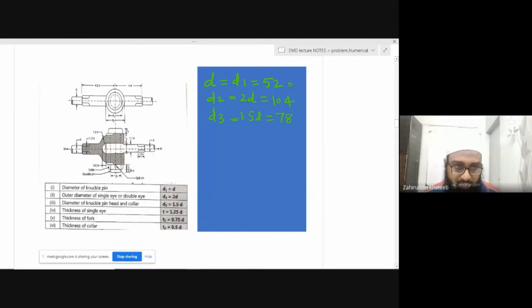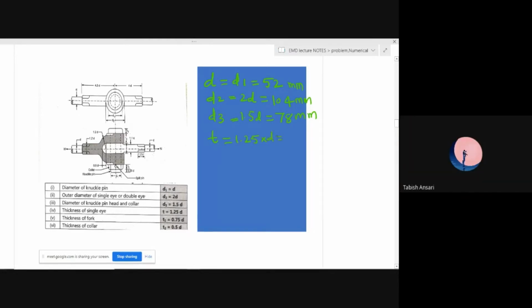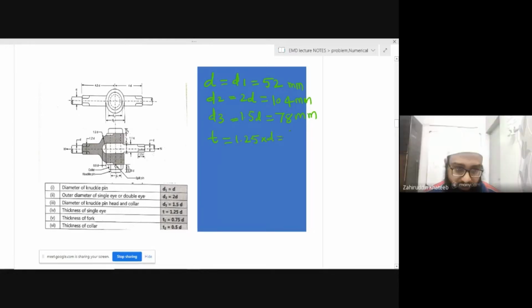All are in mm. Then t is equal to 1.25 times d, which is 65 mm.